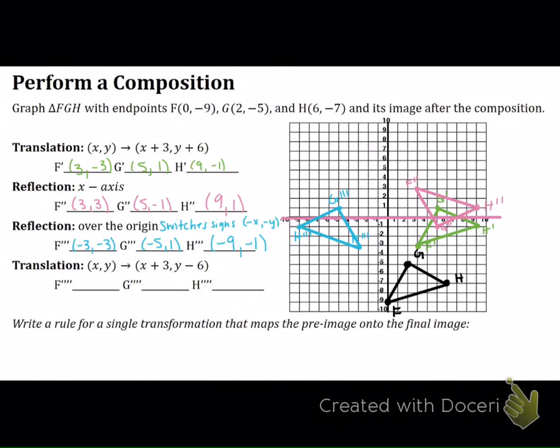Another translation here. Translations are pretty straightforward. So, Gabe, what does F become? Negative 3 plus 3. There you go.